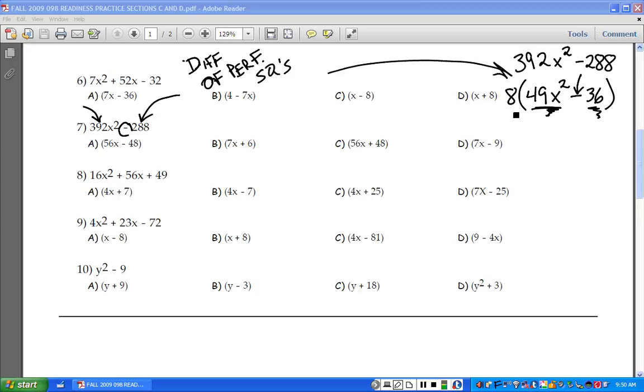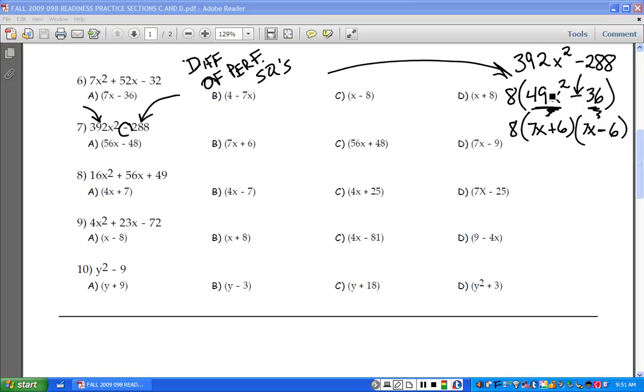So I keep my 8. I know the square root of 49 is 7, and of x squared is x, so I say 7x, and the square root of 36 is 6, so I say plus 6. Then I say 7x again, but now minus 6.